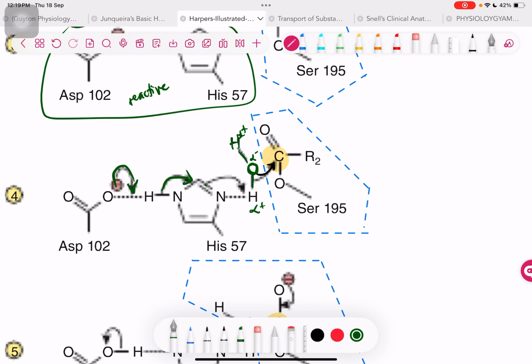Because of the electron transfer, the N now becomes electronegative, partially negative. And then there is an excess from the jumping of electrons here.